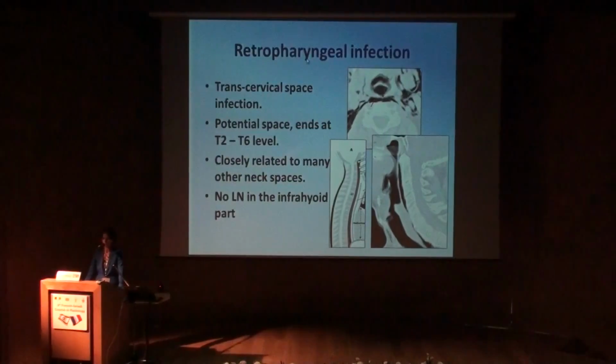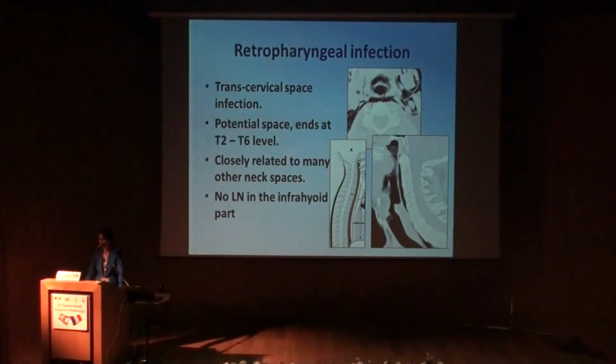So the retropharyngeal space is actually a potential space, and that's why I'm showing it here with gas in a patient with pneumothorax and large subcutaneous and deep neck emphysema that clearly show the space, and you can identify the midline raphe, which is in it.